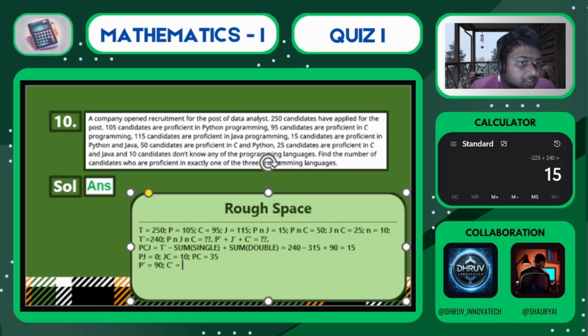Only C is equal to 95 minus 35 minus 10 minus 15, which is 35 only. Then only J is equal to 115 minus 0 minus 10 and minus 15, which is 90.